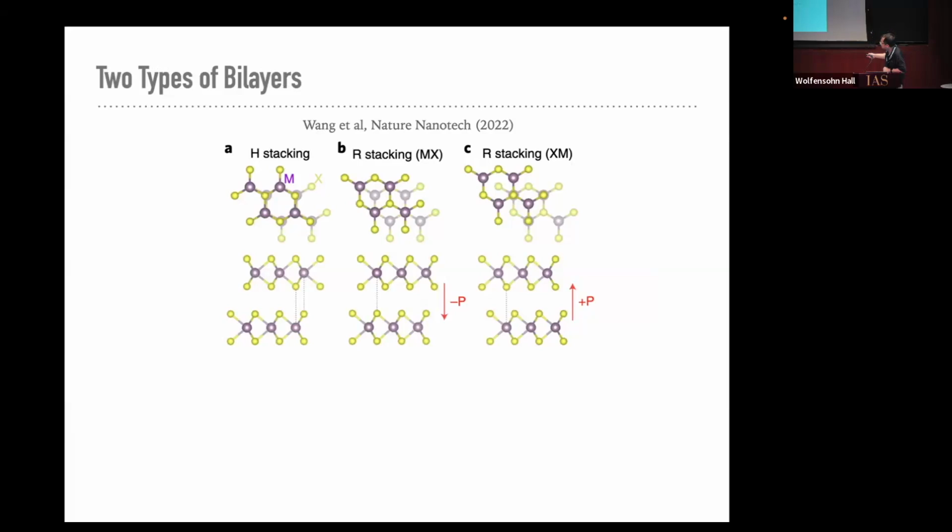H stacking is basically you have two identical layers, but the top and the bottom layer are rotated by 180 degrees. But for the R stacking, those two are aligned in the same way. Again, in graphene, because graphene has a C6 rotation symmetry, there's no such difference. But in the TMD, even before you do the rotation, there are already two different stacking possibilities.